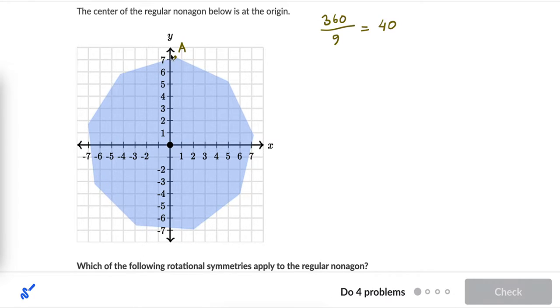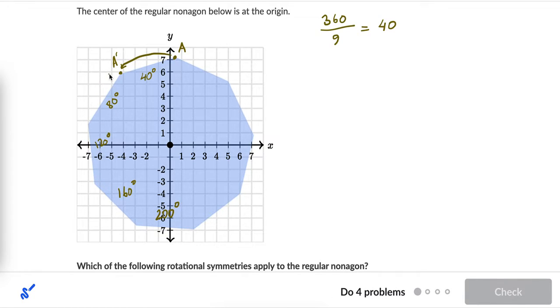Well then a 40 degree rotation, right? A 40 degree rotation is going to map this point A to A dash, right? That's what it's going to do. So this is 40 degrees, and we see 40 degrees, we've got 80 degrees, we got 120 degrees, 160 degrees, 200 degrees, right?